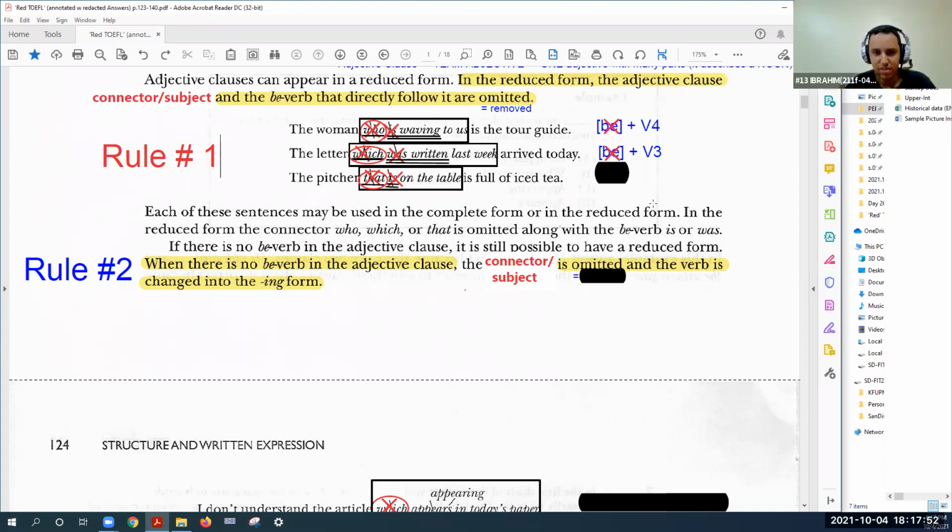What's the subject here? The letter. Does the letter do the action? No. That's why we use the passive and the adjective written last week. You understand? Yes. All right. Abdulaziz, do the third one.